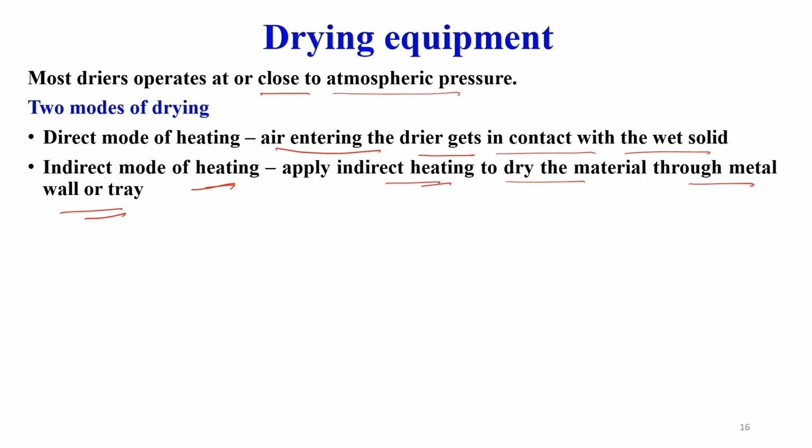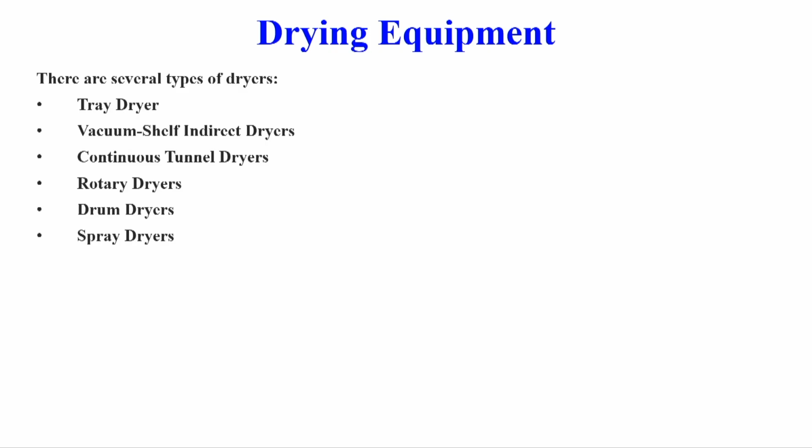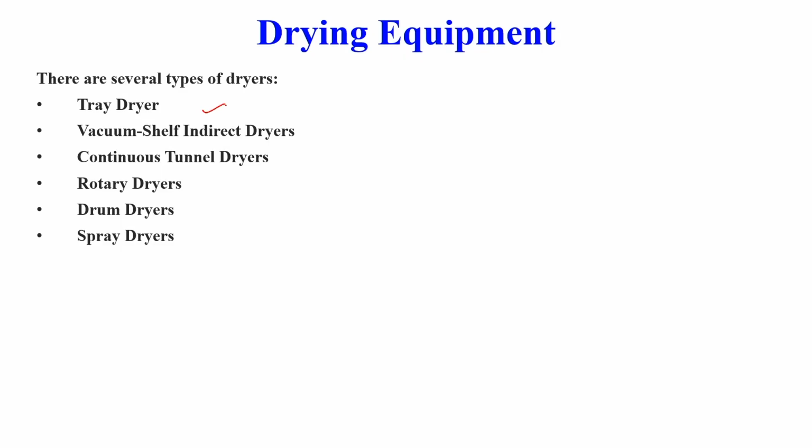So, depending on these two modes, there are different sets of equipment available for drying purposes. I have listed a few: the tray dryer, vacuum shelf indirect dryer, continuous tunnel dryer, rotary dryer, drum dryer and the spray dryer.